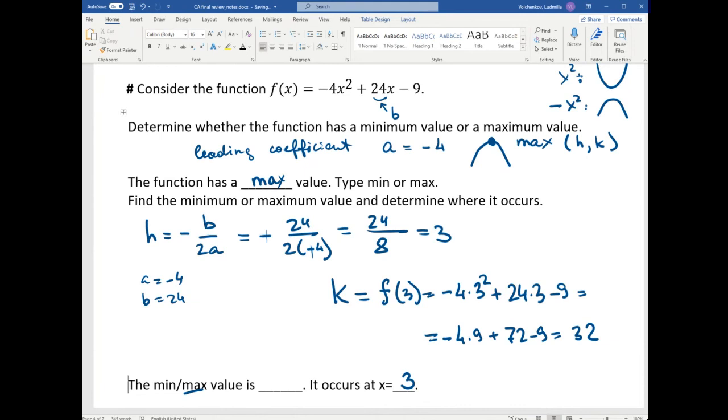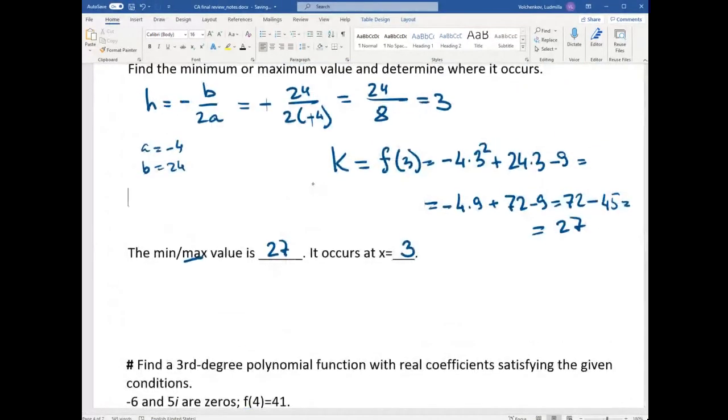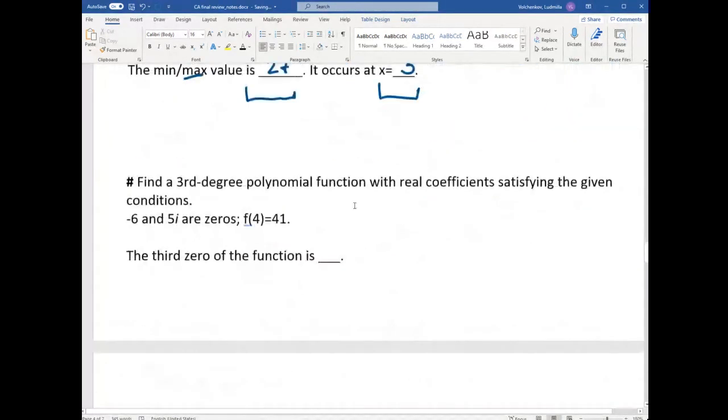I recommend you to use a calculator for such small calculations, even though they may look, oh wait a minute, it's not 32. So 72 minus 45, it is 27. Okay, it's better to check with the calculator always. Okay, and this is the x value or h value, and this is the y value. The maximum value is the y value, and it occurs at x value of 3.